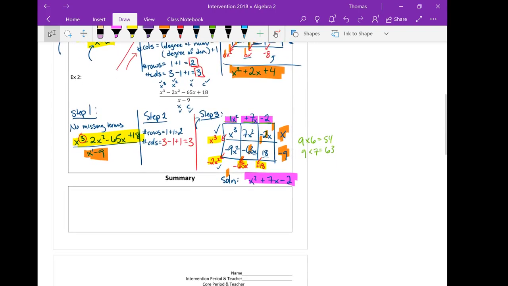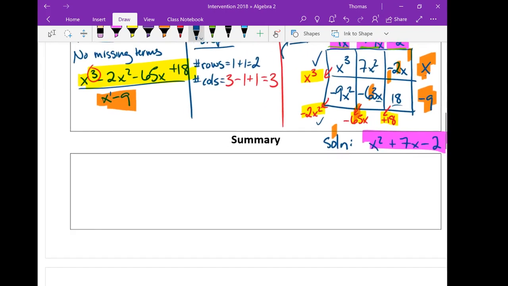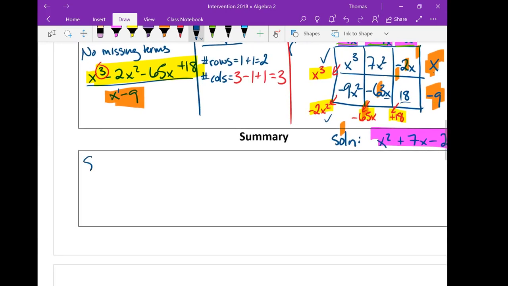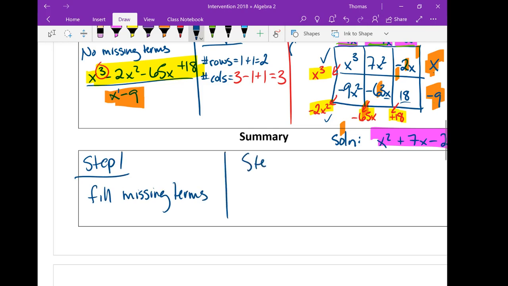Okay, so summary, basically, to do these division problems, we have our 3 steps. Step 1, fill missing terms. Step 2, find the number of rows and the number of columns in our box.